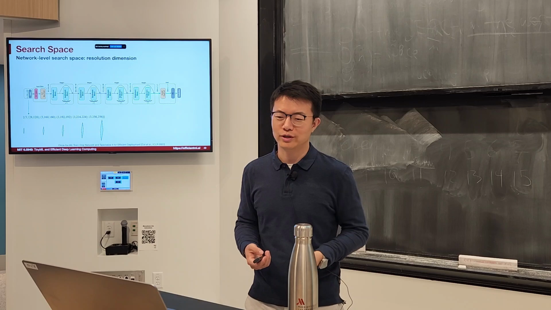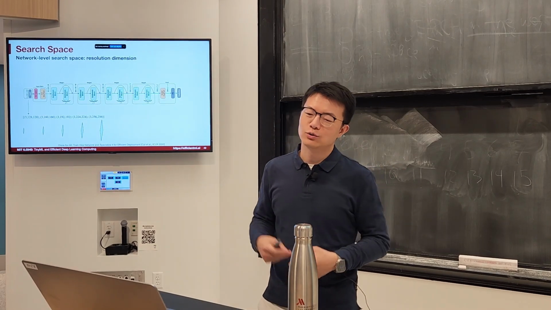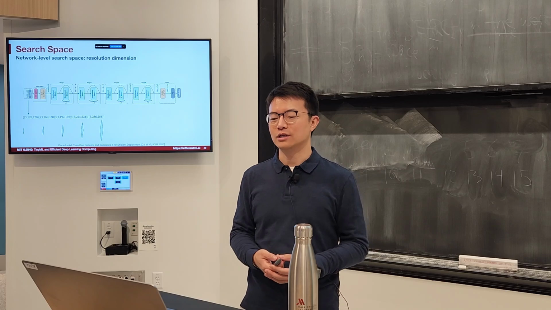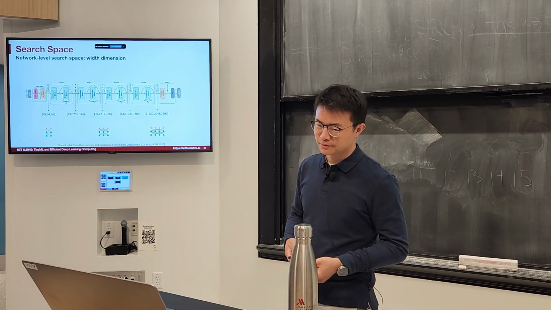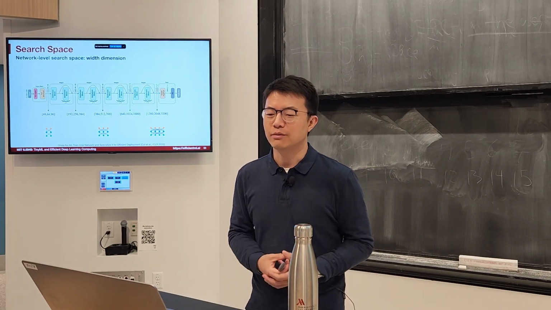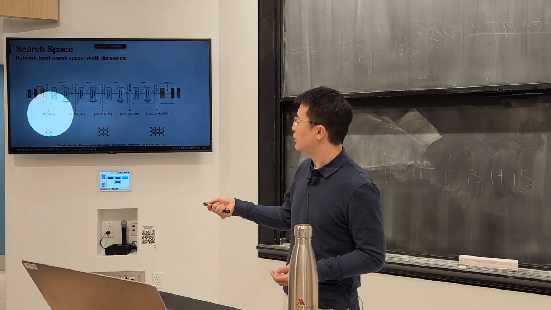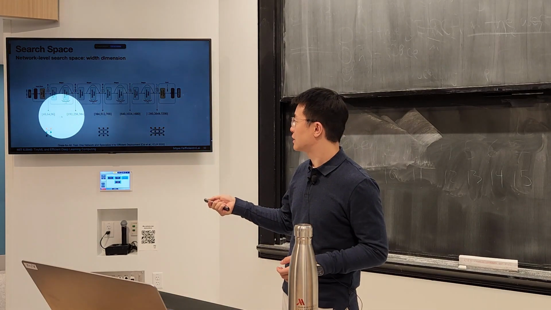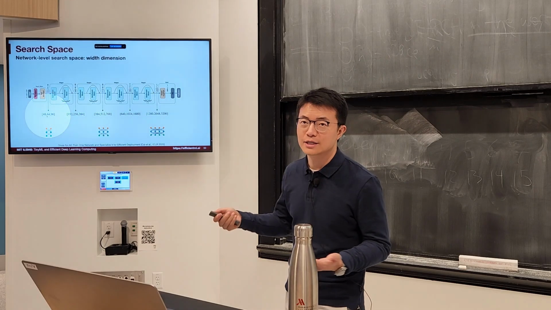So sometimes we train with 192 by 192, sometimes with 256 by 256. That's the resolution dimension. We also have the width dimension. We can choose from 48 channels in the first place, and 64 or 96.